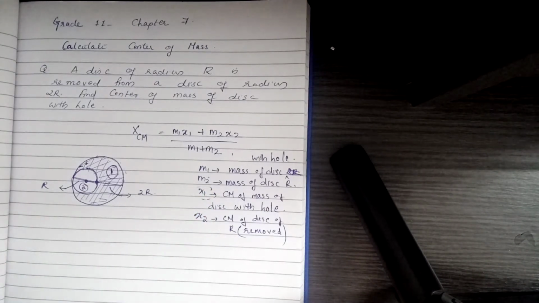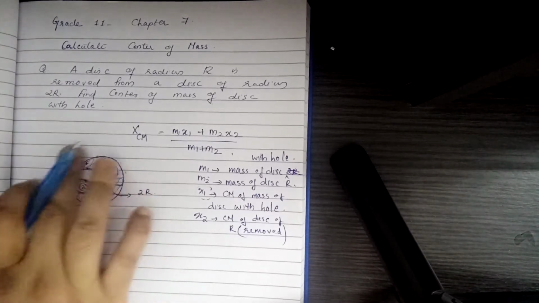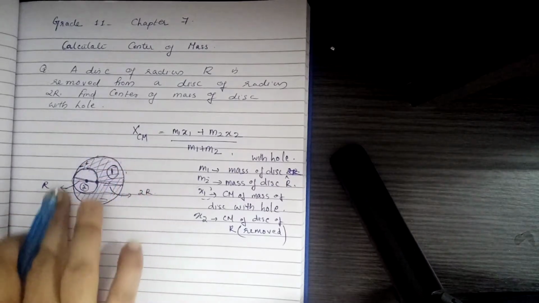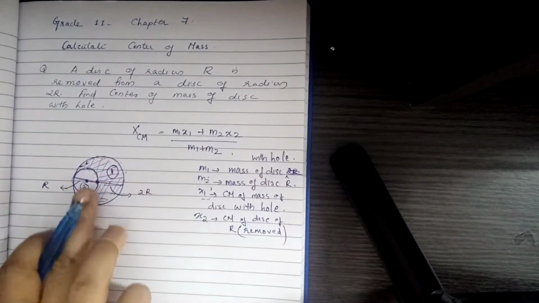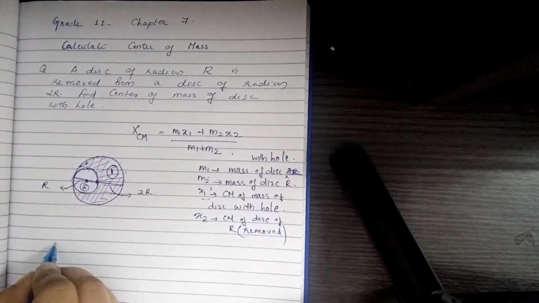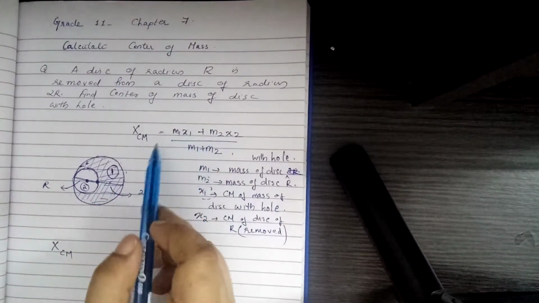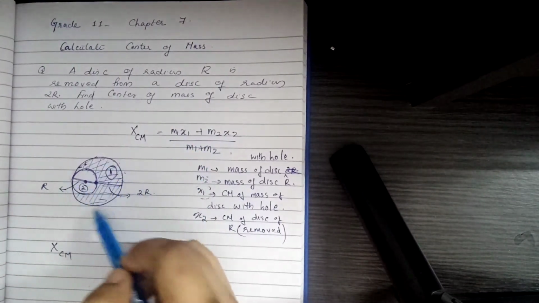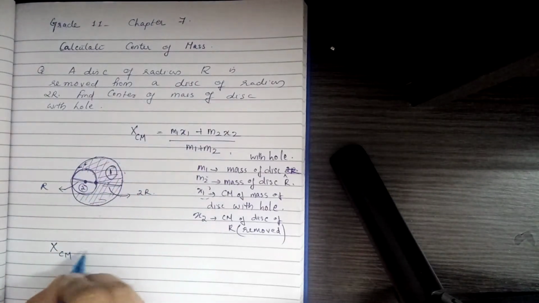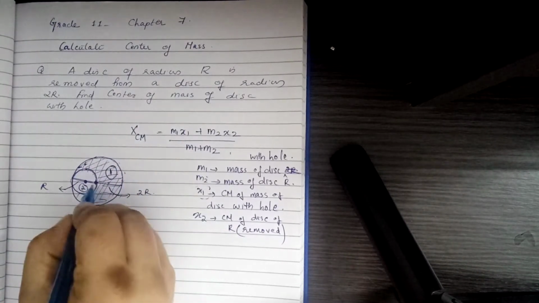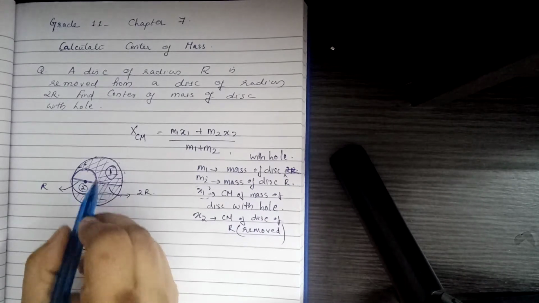So for doing that, I am assuming the center of mass of this whole system. We know for a complete circle the center of mass lies at the center. So center of mass of the whole system, when both the systems are put together, which will lie at the center, I'm assuming this as the origin.